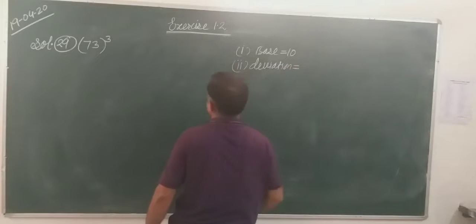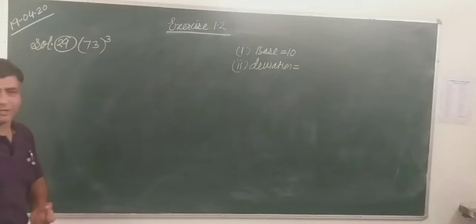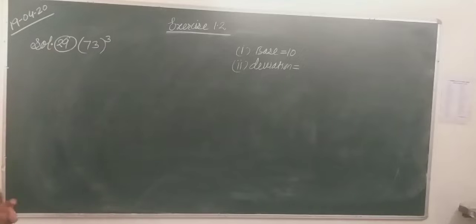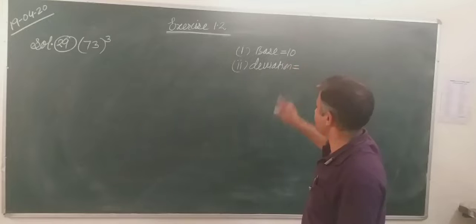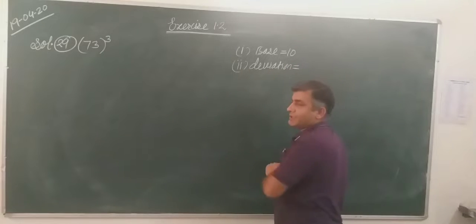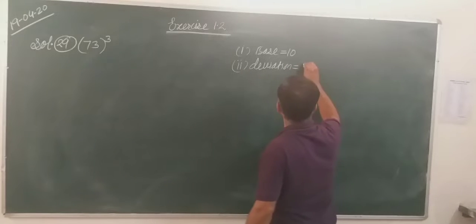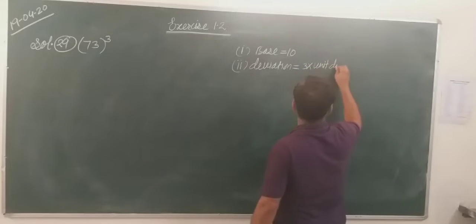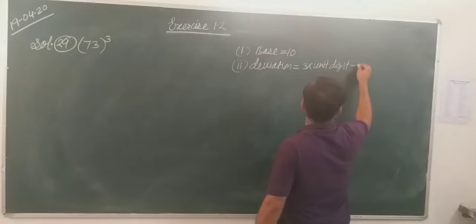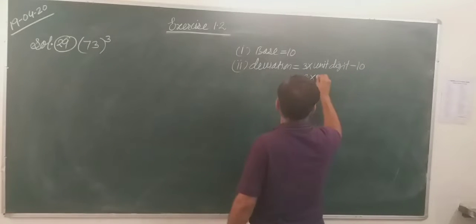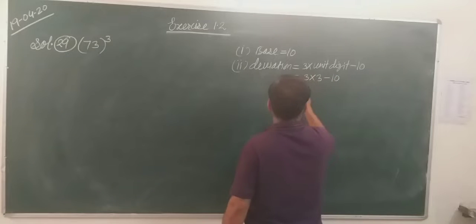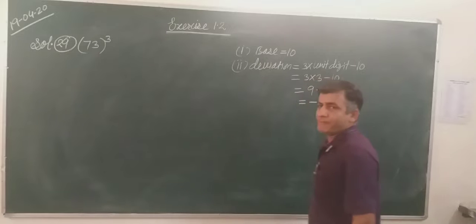The formula is 3 multiplied by the unit place digit, minus the base. So here 3 multiplied by the unit digit 3 is 9, minus 10. Then the division is minus 1.